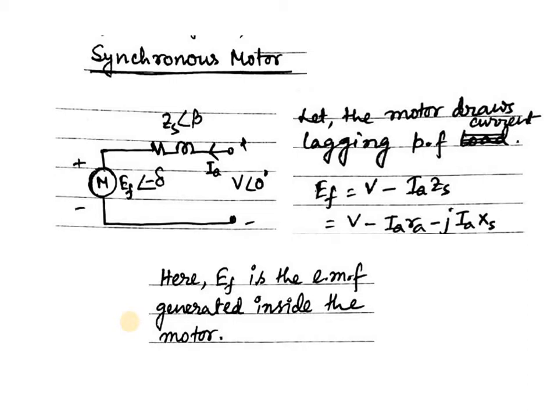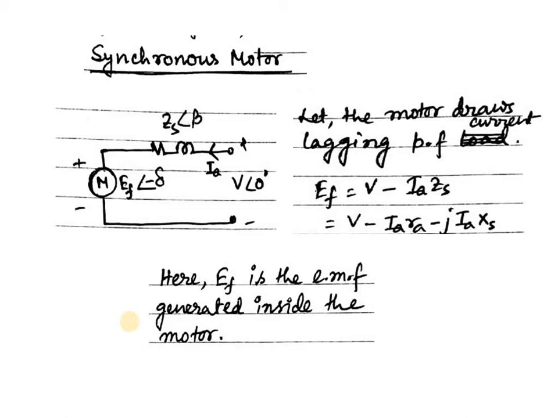Here, EF is the excitation voltage, IF is the field current, V is the terminal voltage, IA is the armature current per phase drawn by the motor from the line, RA is the effective resistance, XS is the synchronous reactance per phase.